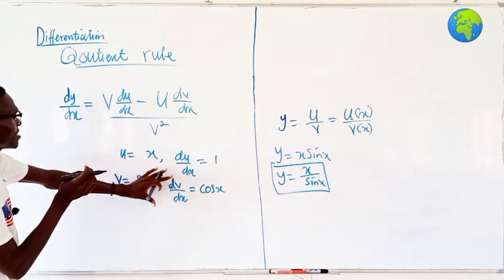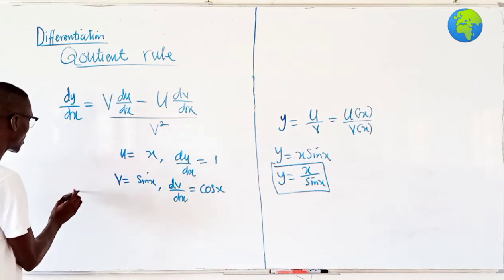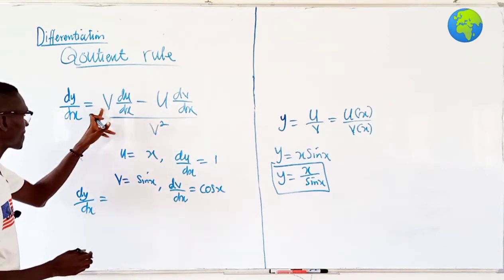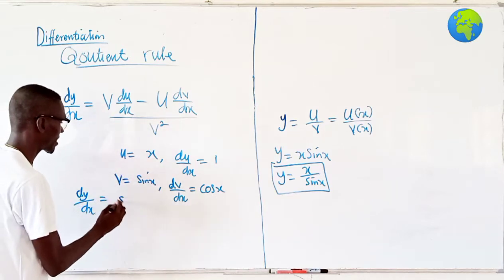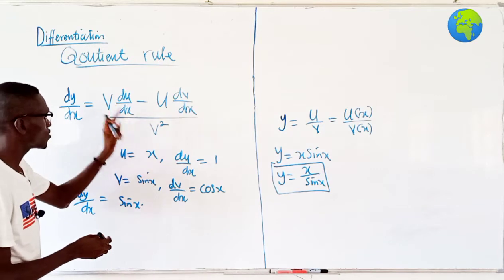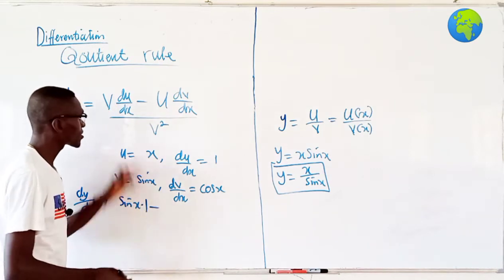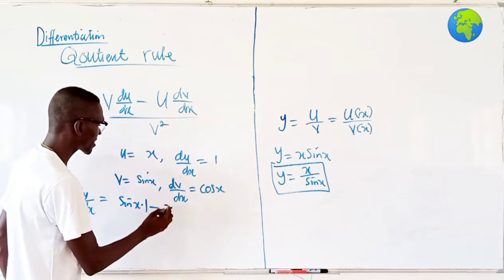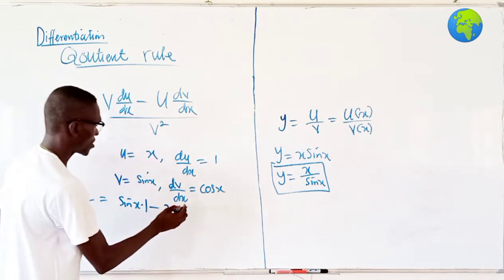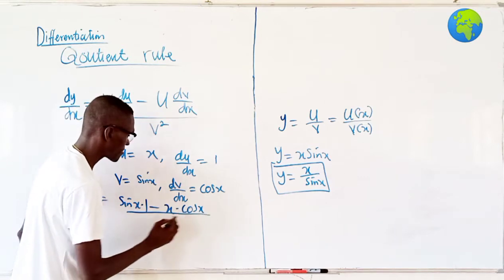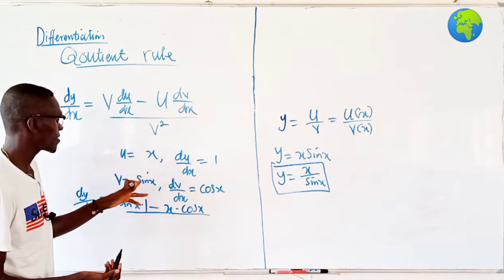So we have everything ready, right? The next stage is to just substitute in the formula. Our dy/dx is equal to v du/dx. v is sine x, right? We have sine x multiplied by du/dx, which is 1, minus, because we have a negative sign, u dv/dx. Our u is x, our dv/dx is cos x, right? But everything should be divided by v squared, and our v squared is what?